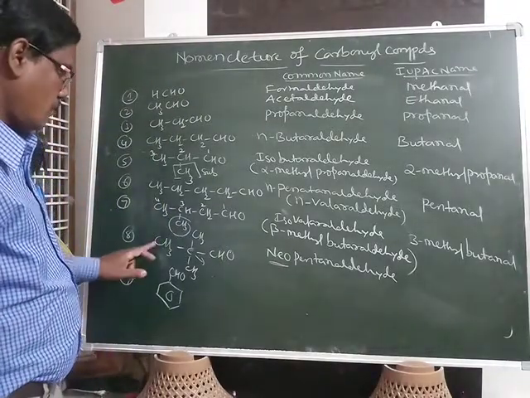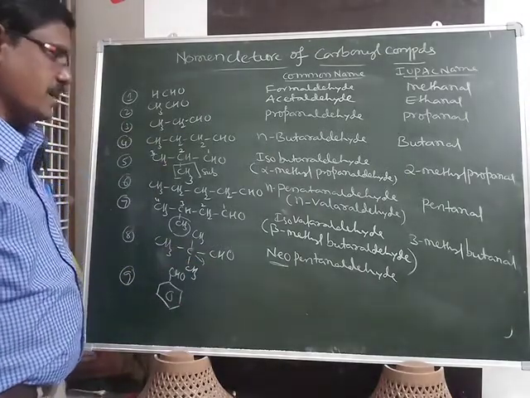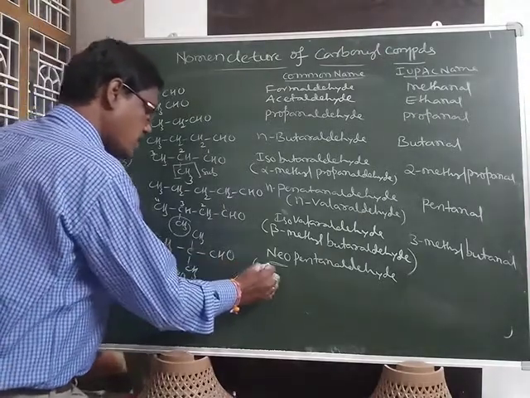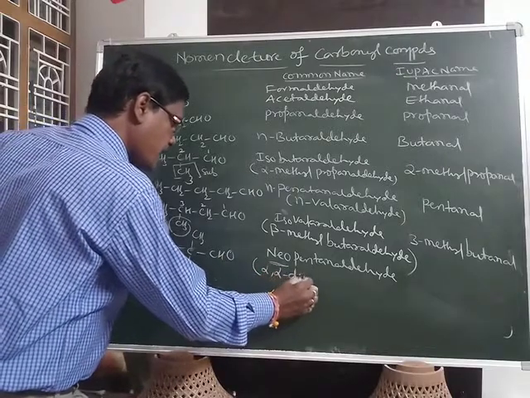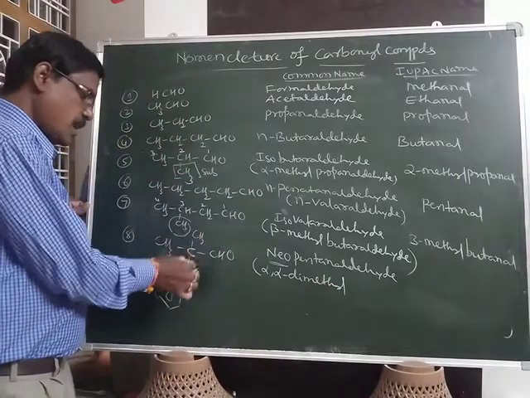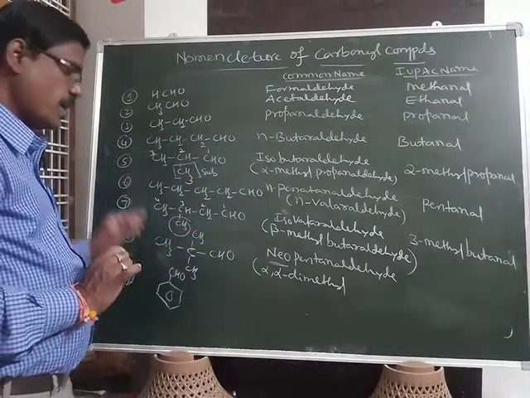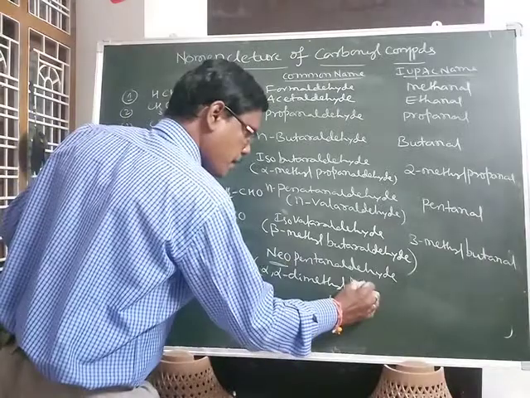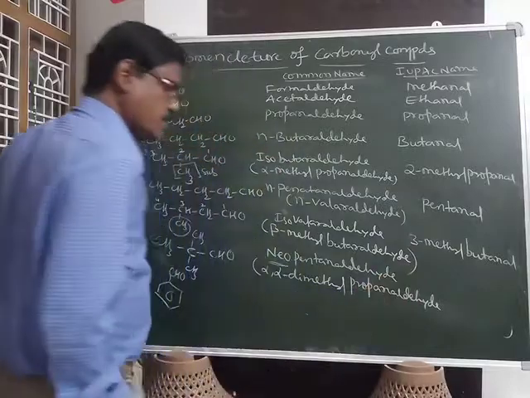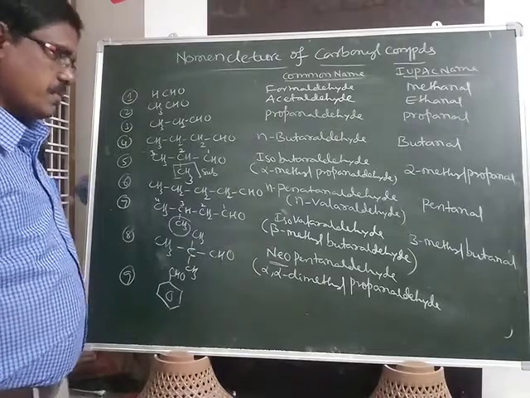Neopentanaldehyde, 1, 2, 3, 4, 5 carbons are present, that's why pentanaldehyde. In other cases it is also written as alpha dimethyl. Why? Because this is the alpha carbon, and one methyl, another methyl, two methyls are present. That's why dimethyl, and 1, 2, 3 carbon propanaldehyde. This is another common name: neopentanaldehyde or alpha dimethyl propanaldehyde.